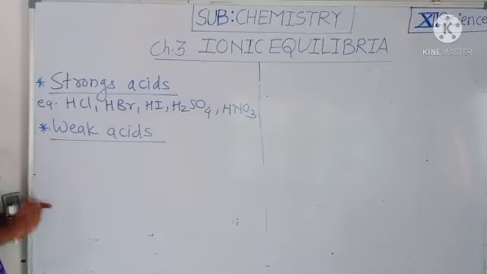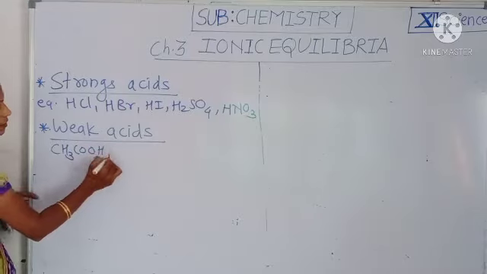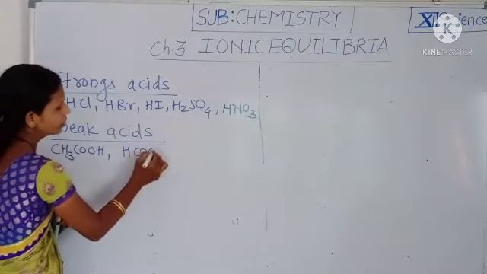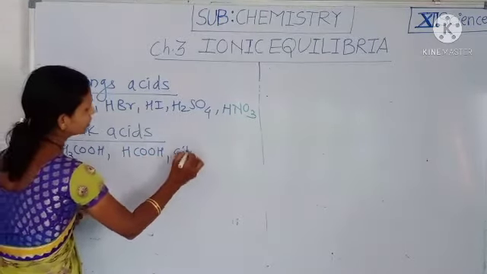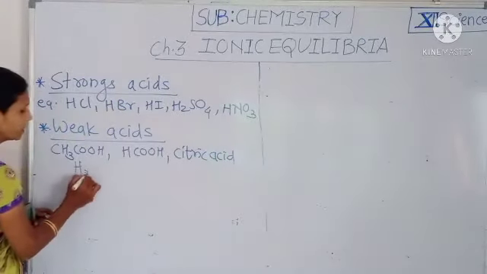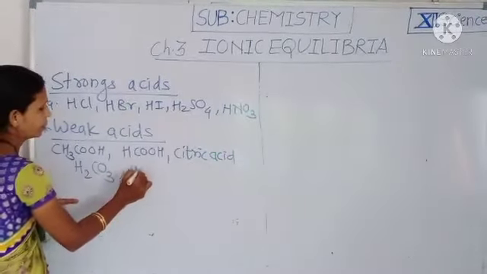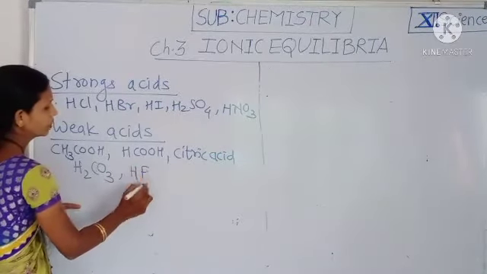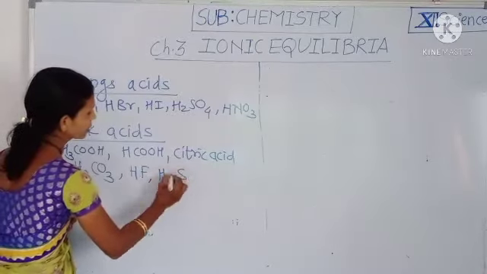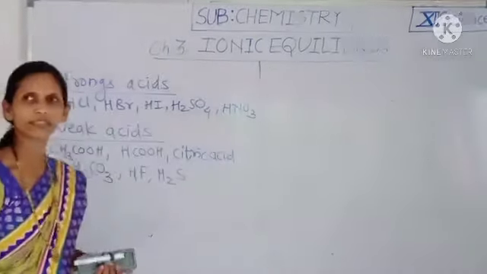Then weak acids: acetic acid, formic acid, citric acid, carbonic acid H2CO3, HF, H2S are a few examples of weak acids.